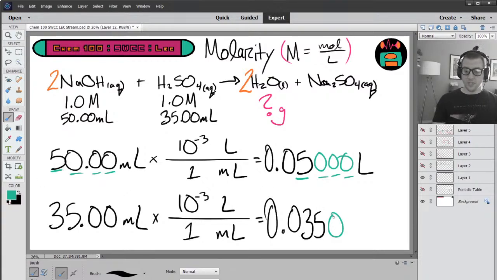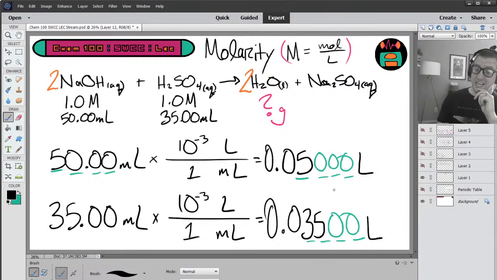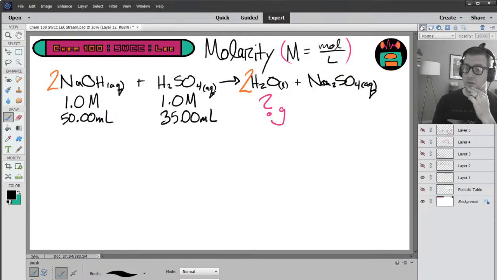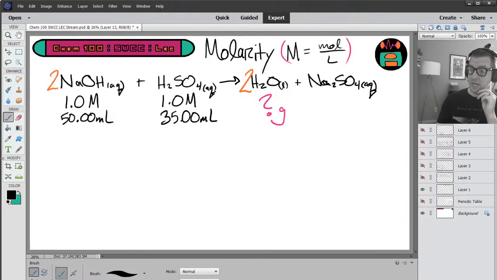But again, we need 4 sig figs, so we've got to add a couple zeros. Now that we know what our volumes are in liters, we can begin our calculation just like any other limiting reagent calculation. So we have, starting with sodium hydroxide, 1.0.